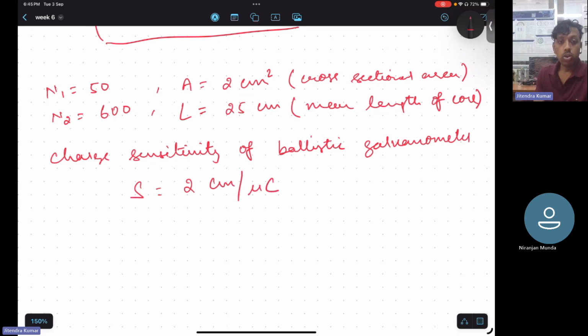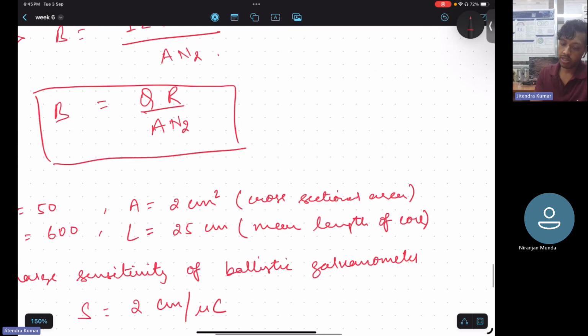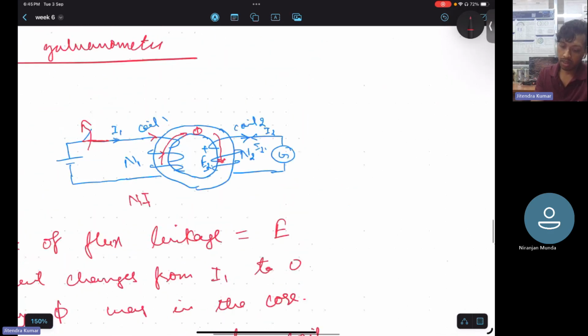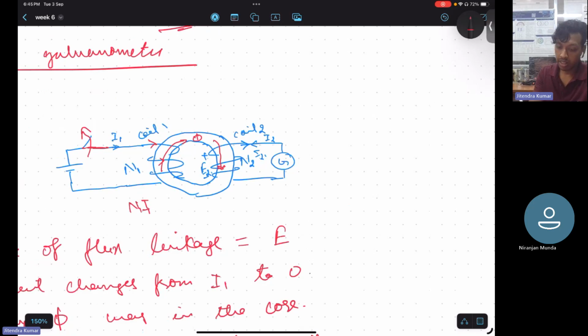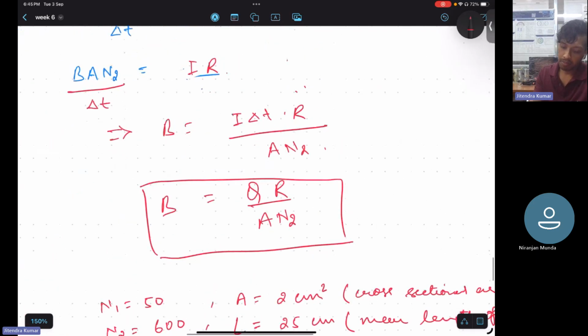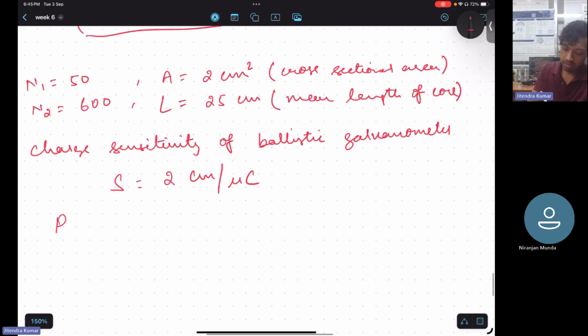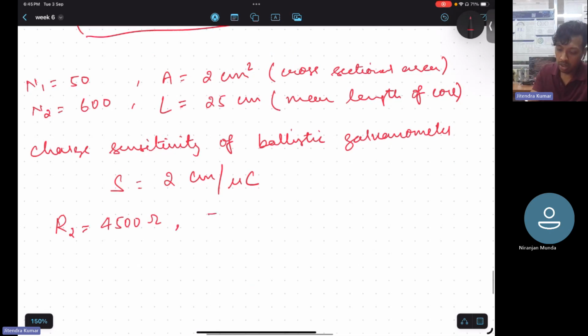Now, the total resistance of the secondary circuit on the galvanometer side, the circuit resistance on the secondary side, is given. R2 is provided as 4500 ohm. And I1 is also provided, before the switch was opened. I1 is 0.4 ampere.